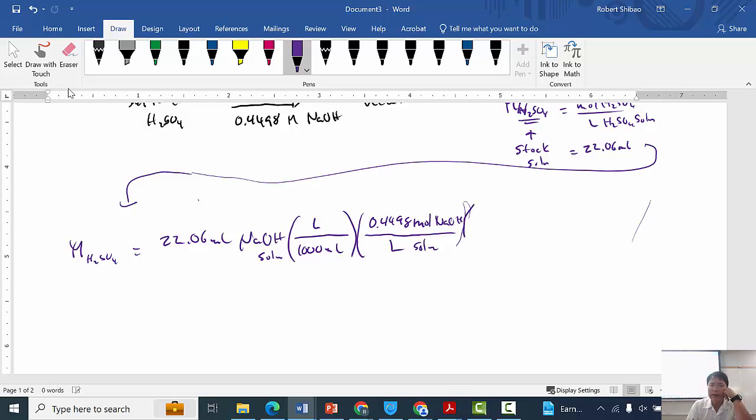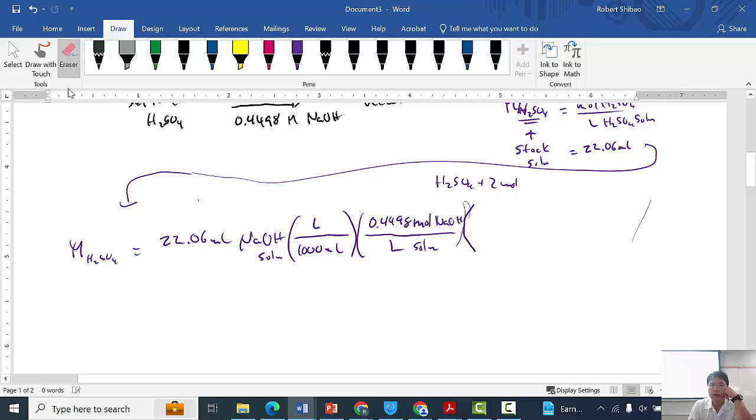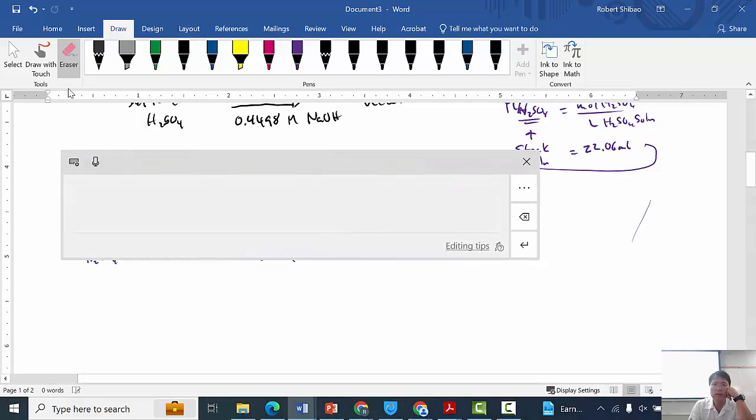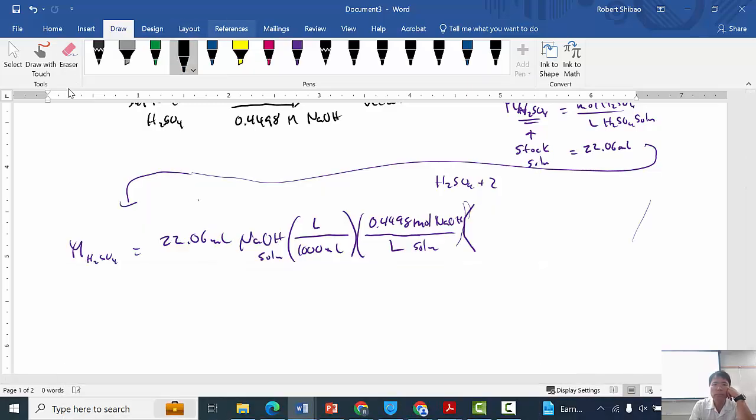And then we're going to use a mole ratio here. The mole ratio is going to come from the balanced chemical equation. H2SO4 requires 2 moles of sodium hydroxide for every 1 mole of H2SO4. And this is going to form sodium sulfate and water, 2 waters in this case. This is a 2 to 1 mole ratio, so 1 mole of H2SO4 requires 2 moles of sodium hydroxide.